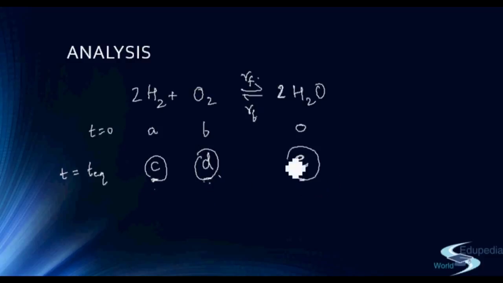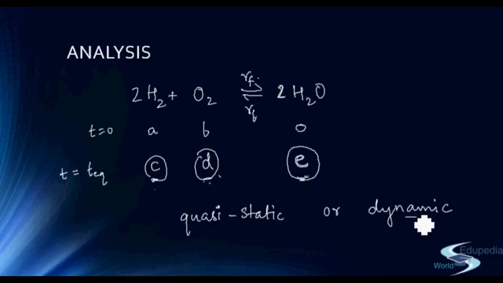But both the forward as well as the backward reaction are still taking place, and hence we say that though everything seems static, with all the measurable properties constant, the reaction is still taking place. It seems to be static but it is not actually static, and such systems are thus called quasi-static. Or we also say that the equilibrium is always dynamic in nature.